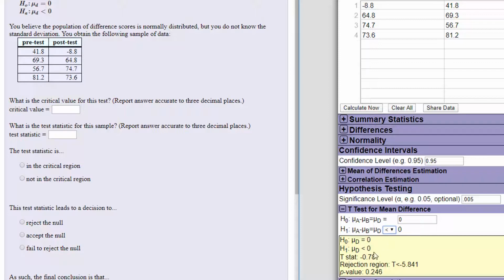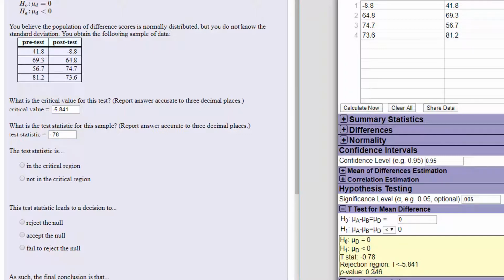And now I get my test statistic, my critical value. So my critical value is this rejection region, which to 3 decimal places would be negative 5.841. The test statistic is negative 0.78, 3 decimal places. I think that's rounded already to 3 decimal places.